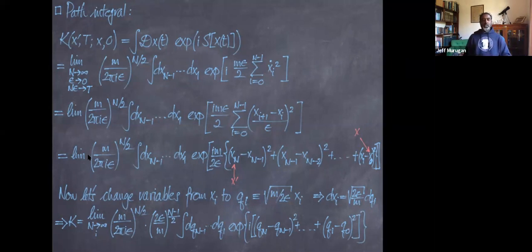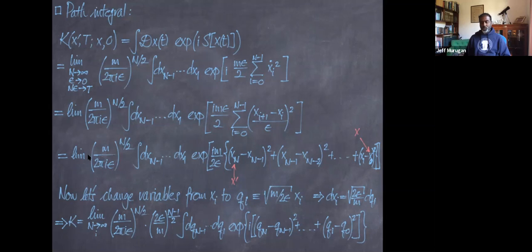So I haven't really made my life too much simpler in this story. But in changing variables, I'm going to take care of a whole bunch of prefactors of m's and pi's and i's and epsilons that I don't want to lug around for much longer.